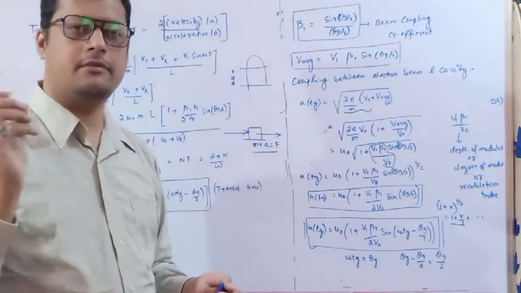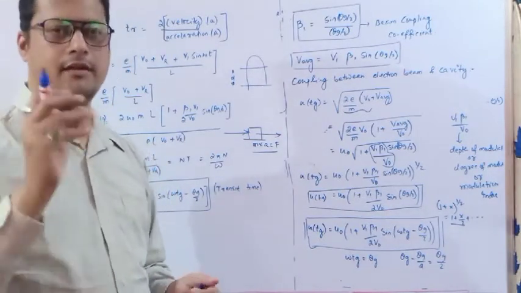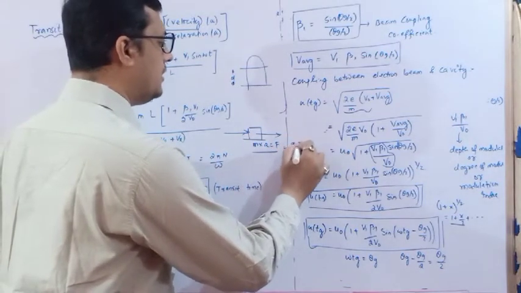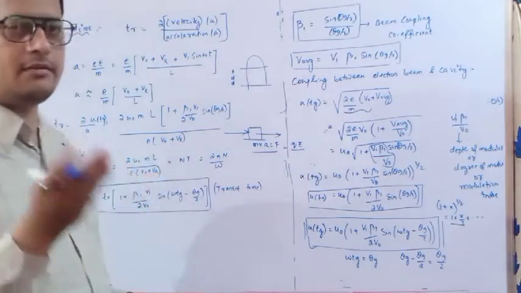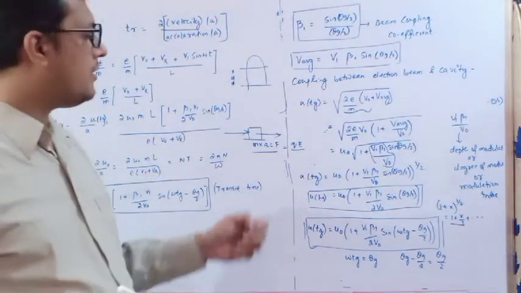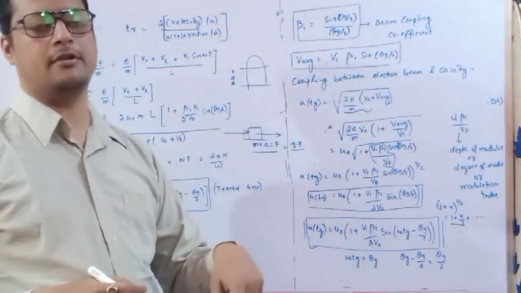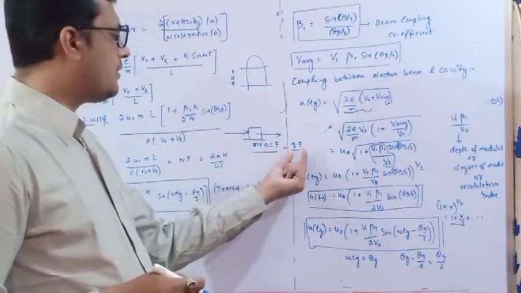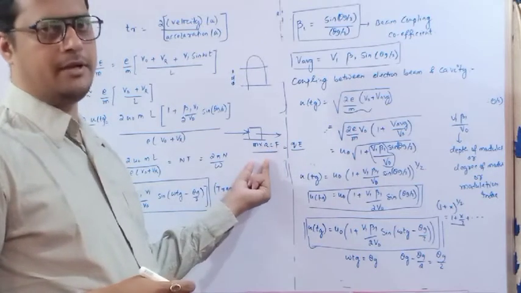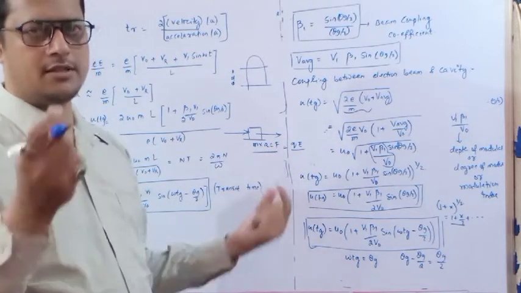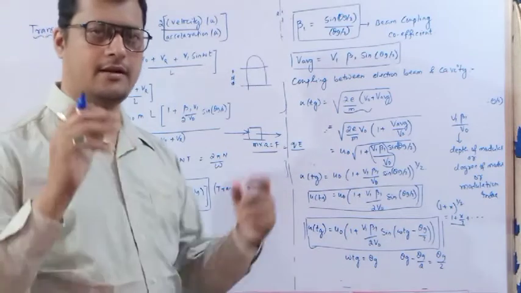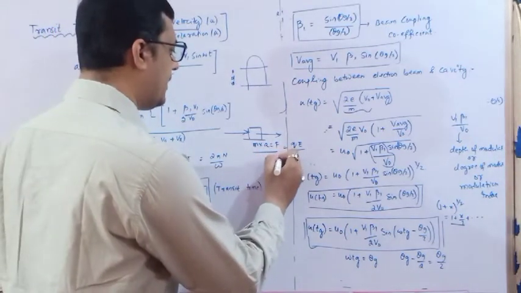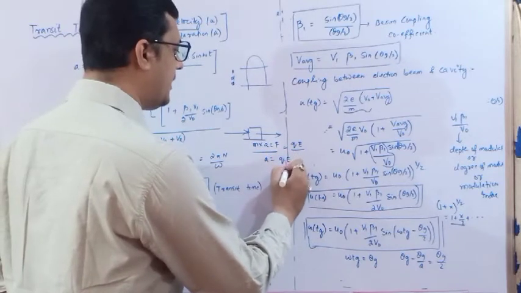We are giving a force on an electron, and that electric force is Q into E, as we have studied in our field theory: the force exerted by an electric field on a charge is Q into E. Now QE equals m into a, mass into acceleration, because an electron has a certain mass and is moving with a certain acceleration. So acceleration I can identify as QE divided by m.